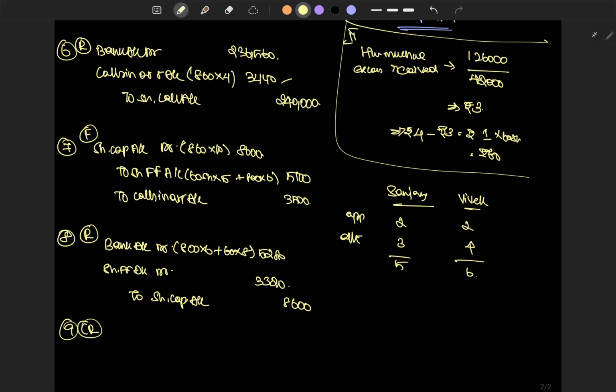How much amount do we have to transfer to capital reserve? Share forfeiture account debit to capital reserve account.